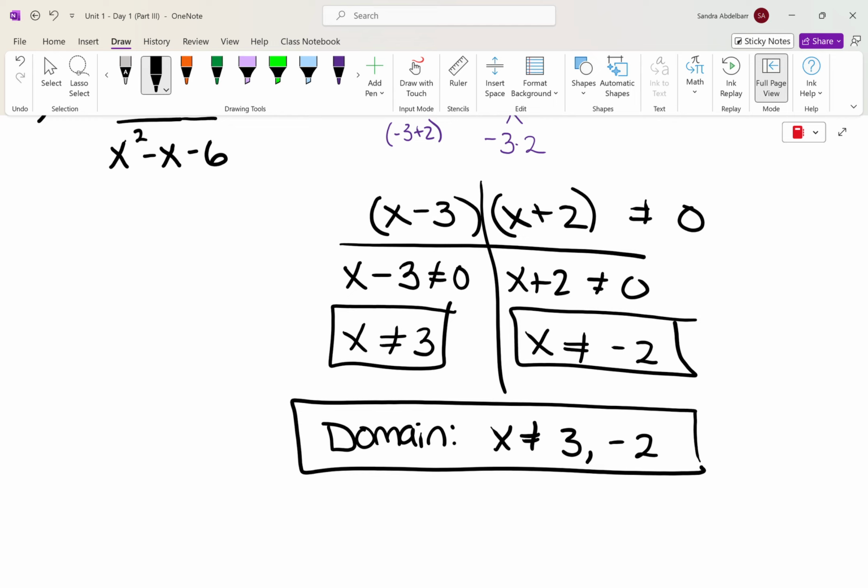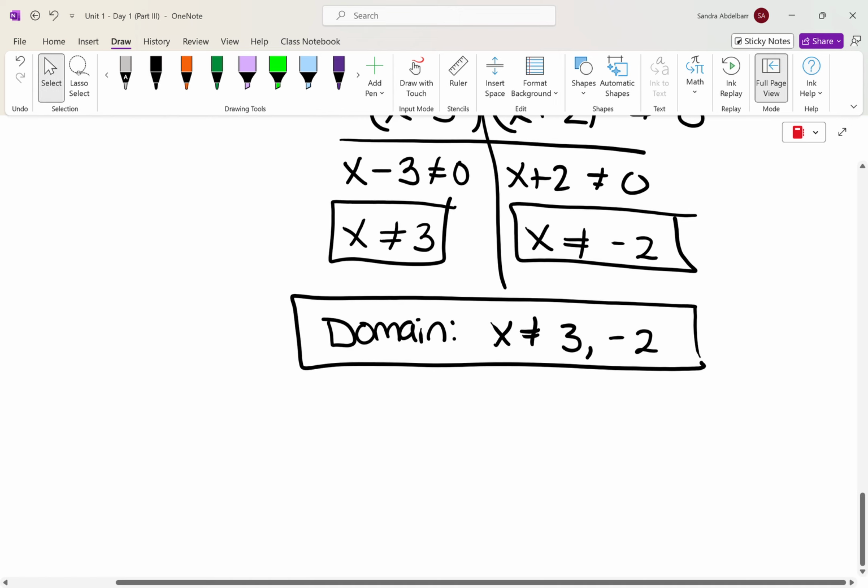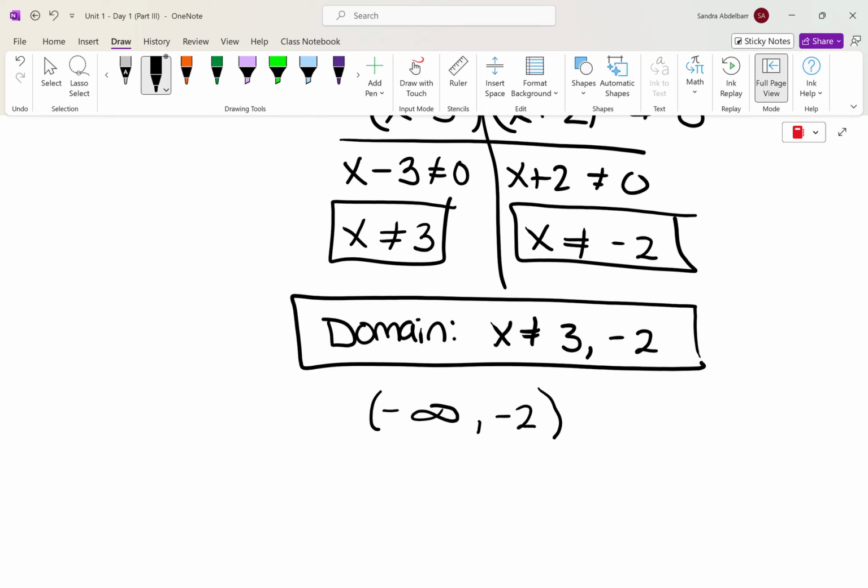Do you want to see how you would write this in interval notation? All right. So for me, I would always just choose to write it like this. I wouldn't opt for interval in this one because this is just a lot easier. But if you did want to write it in interval notation, you would go from -infinity all the way to my smallest number, which is -2. And we're going to stop.